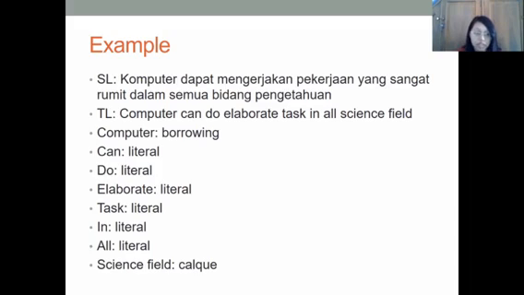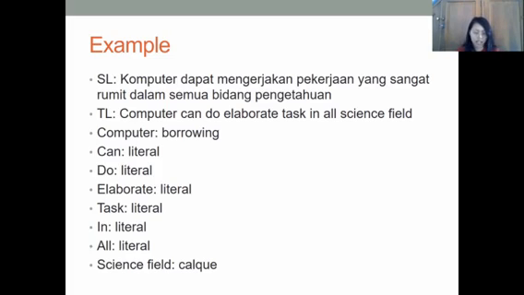For example, can is dapat, do is mengerjakan, task is pekerjaan, elaborate is yang sangat rumit, in is yang berarti dalam, and all is semua.